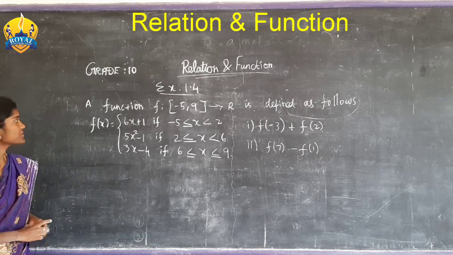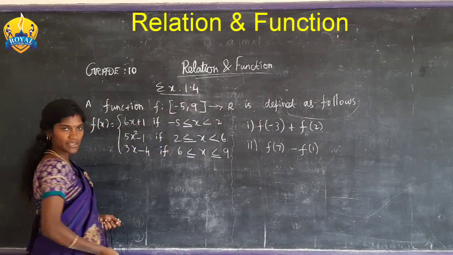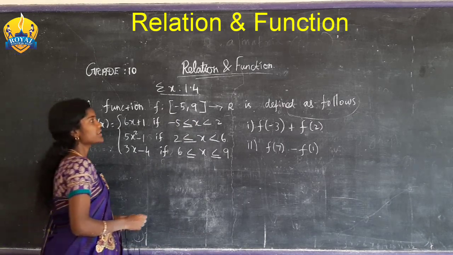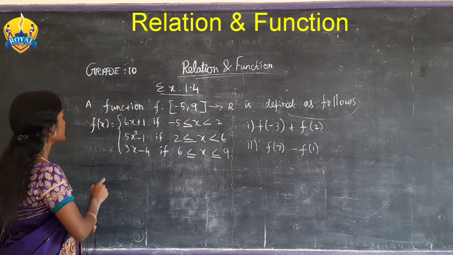The next sum: a function f is defined on minus 5 comma 9. The relation is defined.